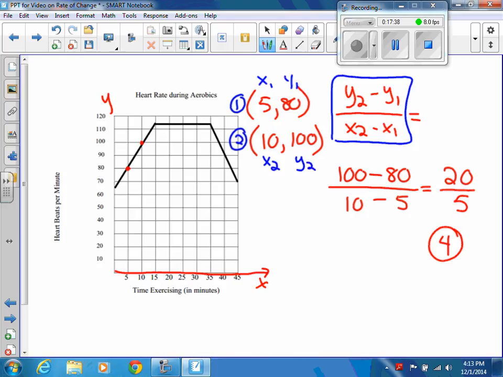As I was learning it, I used to like writing it more with the x2, y2 above or below, as I did here in blue, rather than just the numbers like this. This didn't really help me too much. I had to write it more like this in order to make sure that I was putting it in the correct spot over here to make sure I had my y2 where it went, my y1 where it went. So figure out what works best for you.